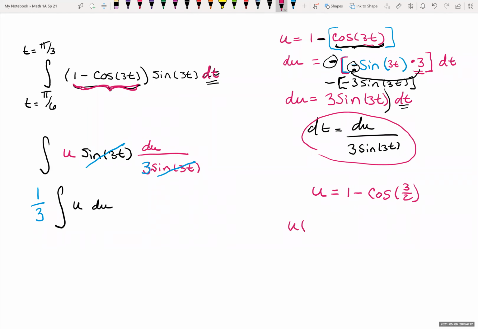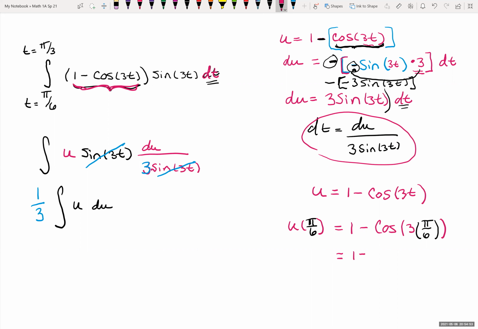If we look at u of pi/6, that would equal 1 minus cosine of 3 times pi/6.